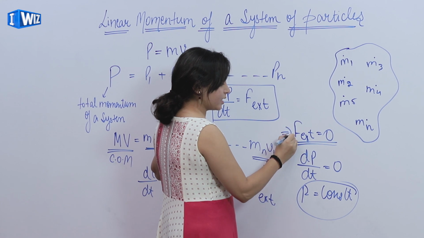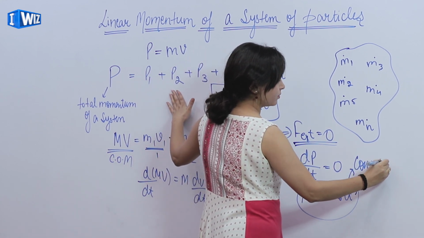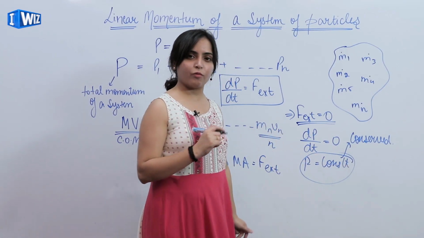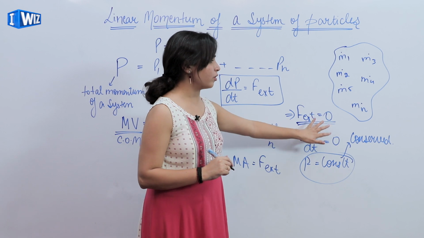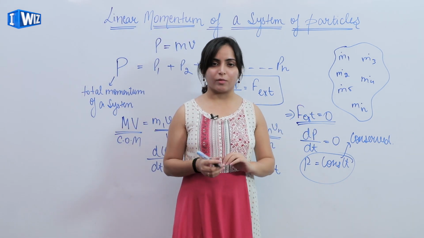In this case, my momentum is conserved. So this also proves the law of conservation of momentum when external force is 0. So this was the momentum for system of particles.